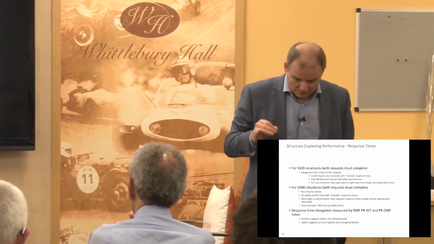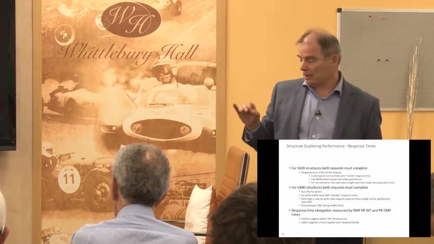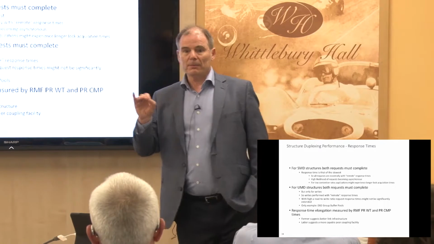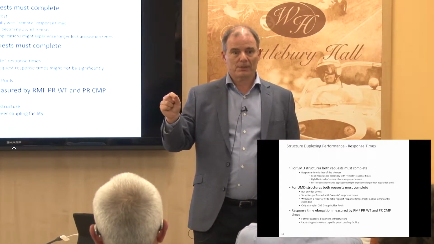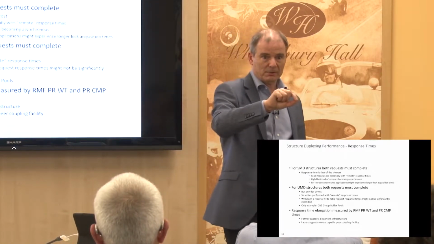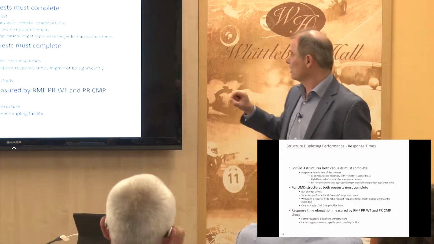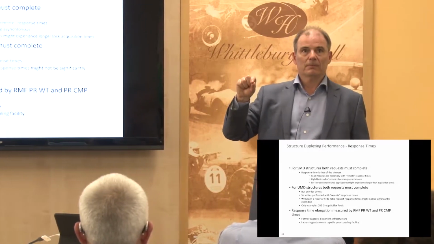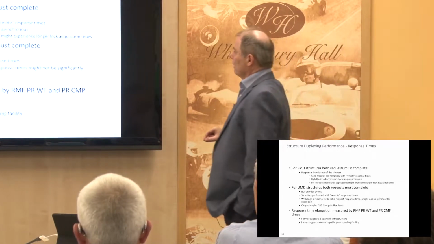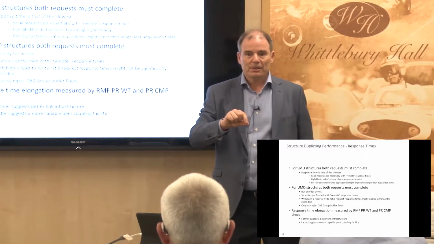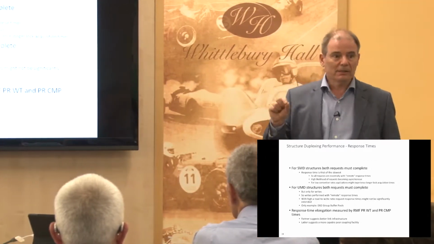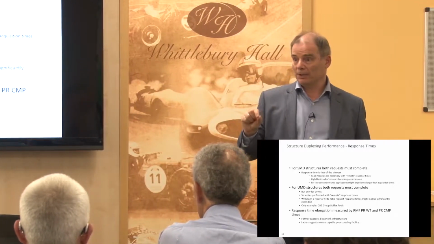Now, let me address a point that I don't think is in any of my slides. There are numbers for synchronous requests that stay synchronous. There are numbers for asynchronous requests. That's it. There is a number called converted. Most of the time, I see nothing to speak of in the converted number.